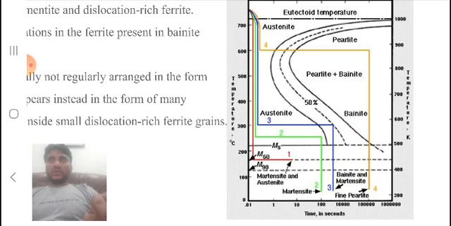For plain carbon steels and low alloy steels, the bainitic lath structure forms within the prior austenite grain boundaries by an initially displacive transformation from austenite to ferrite.